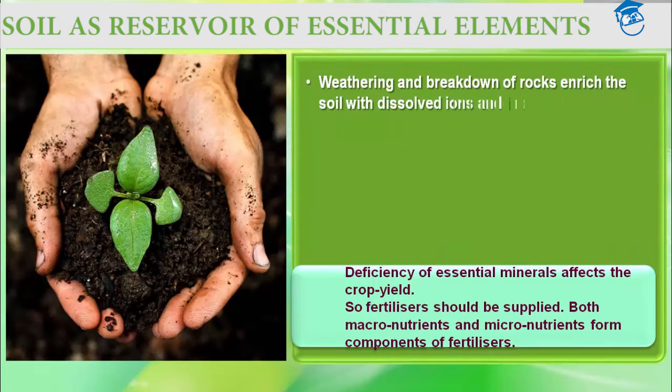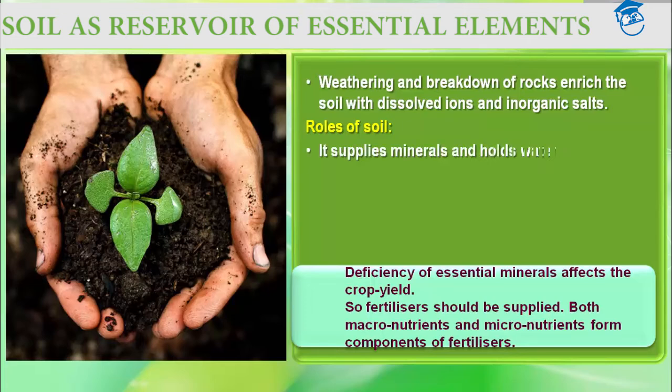Students, it is seen that the majority of nutrients that are essential for growth and development of plants become available to the root due to weathering and breakdown of rock, that enrich the soil with dissolved ions and inorganic salts.